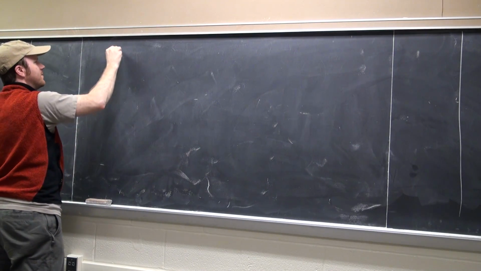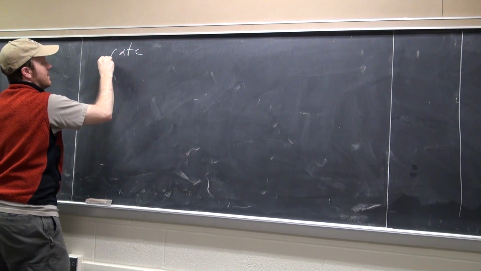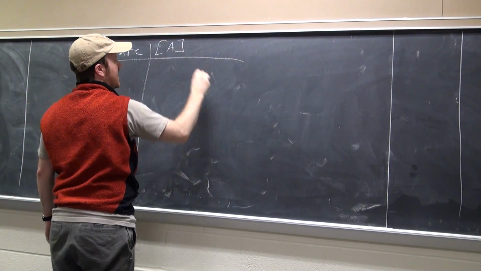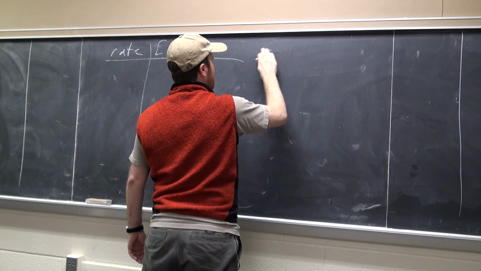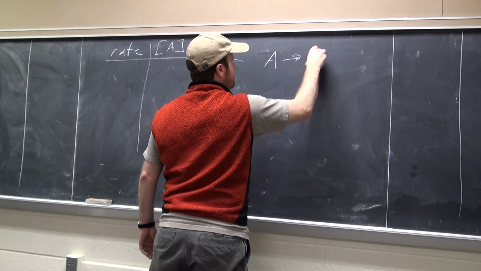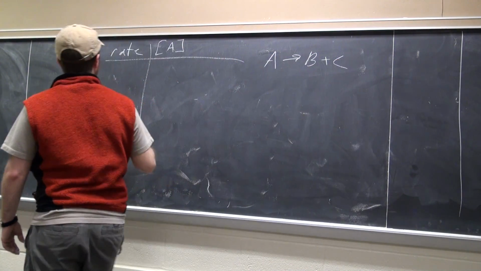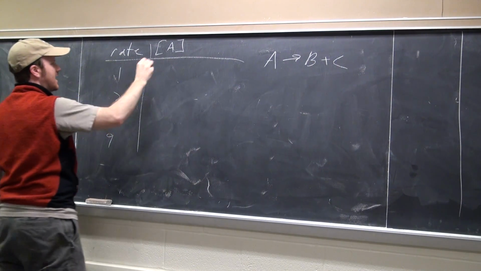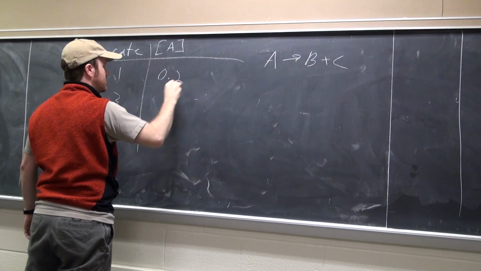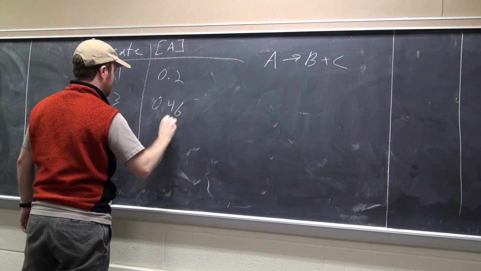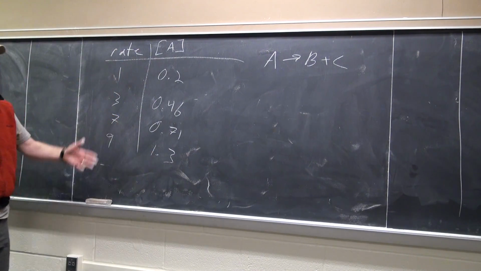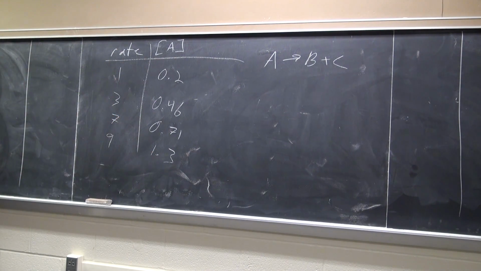So I give you rate, and I give you concentration of A, and I tell you that the reaction is A goes to B plus C. And so the rate is 1, 3, 7, 9. The concentration of A is 0.2, 0.46, 0.71, 1.3, something like this. From this table of data, how do we figure out if something's first order, second order, 0th order?